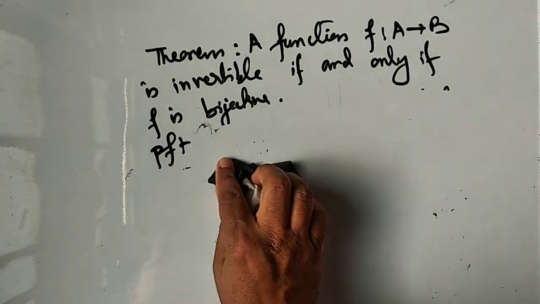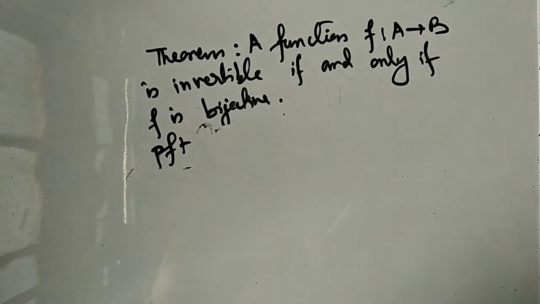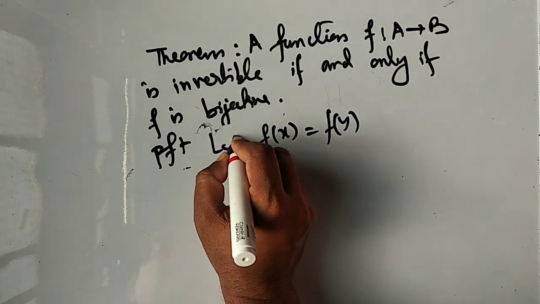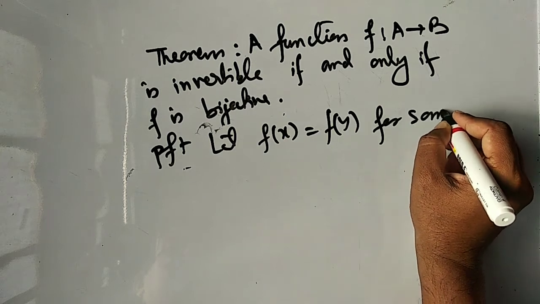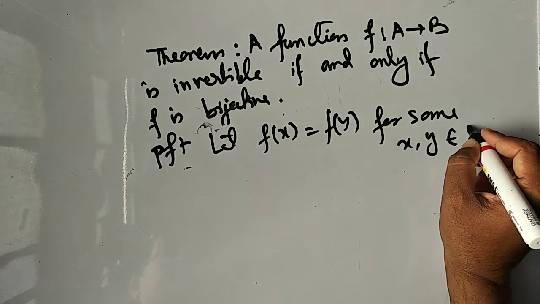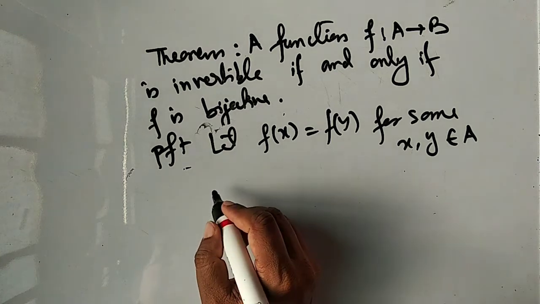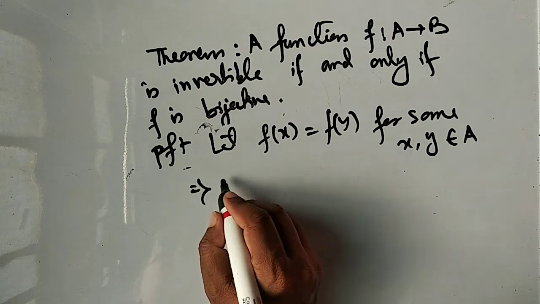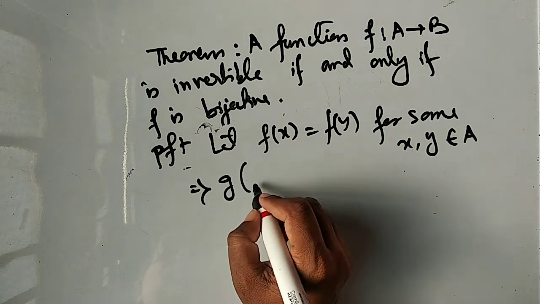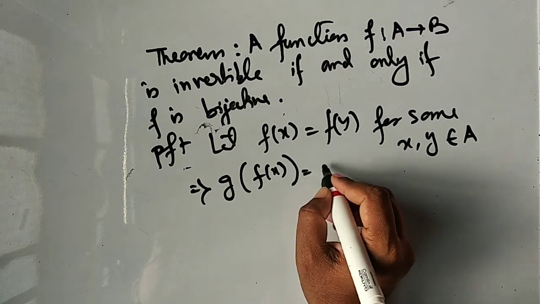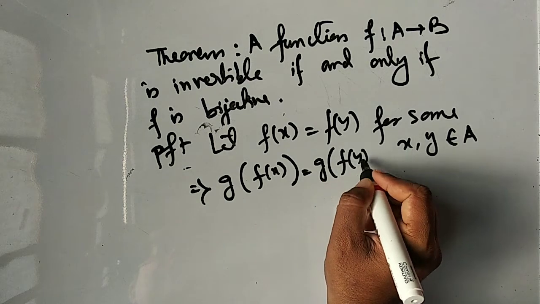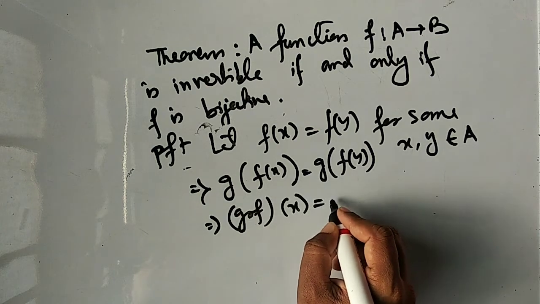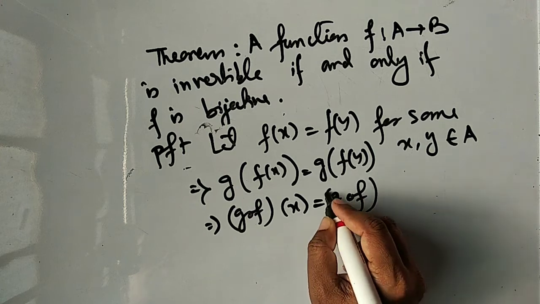सो for one-one, f(x) equal to f(y) for some x, y belongs to A. ठीक है, अब हम लोग क्या करते हैं, हमारे पास g एक function है। Let us compose this function with g. सो (g∘f)(x) is equal to (g∘f)(y).